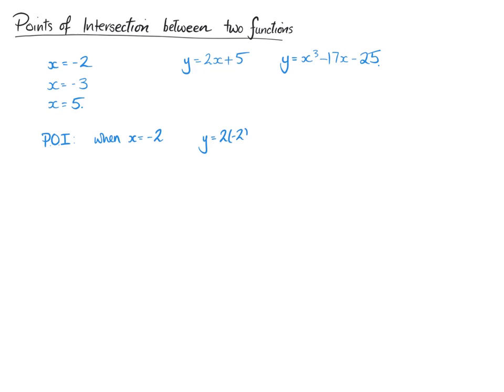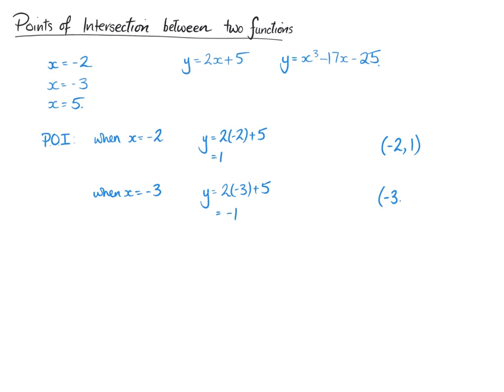So 2 times minus 2 plus 5. That's minus 4 plus 5, which is 1. So we've got the point minus 2, 1. Next one, when x equals minus 3, y is equal to 2 times minus 3 plus 5. That's minus 6 plus 5, so minus 1.